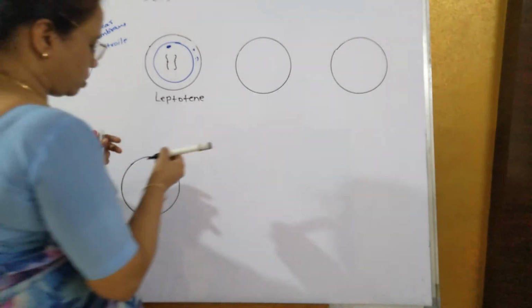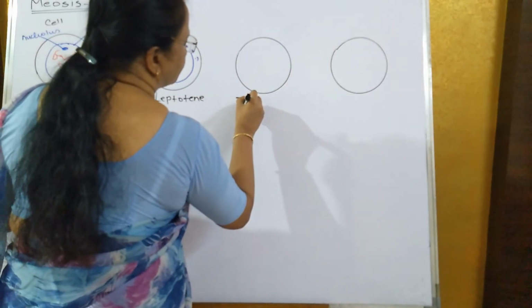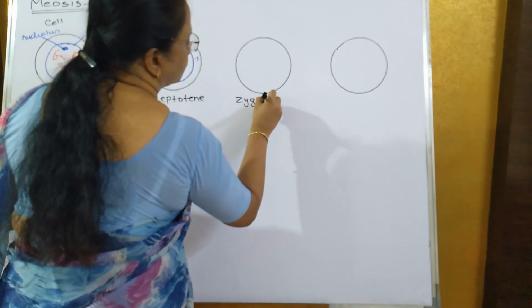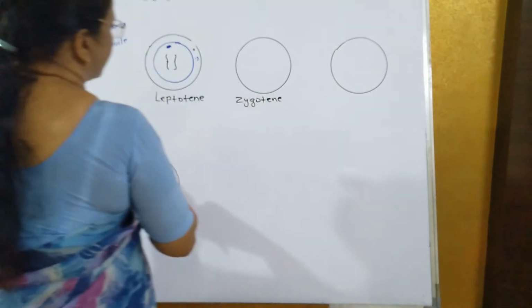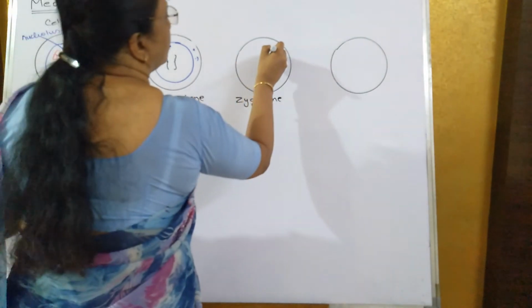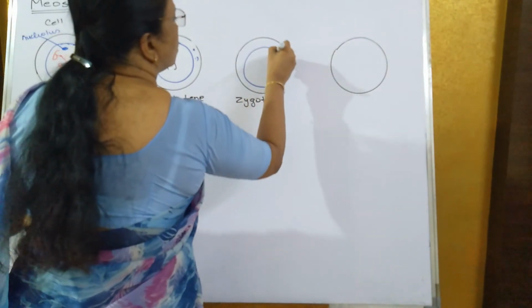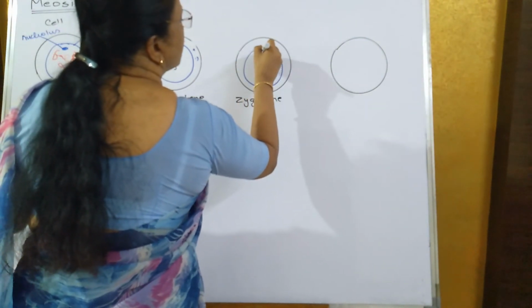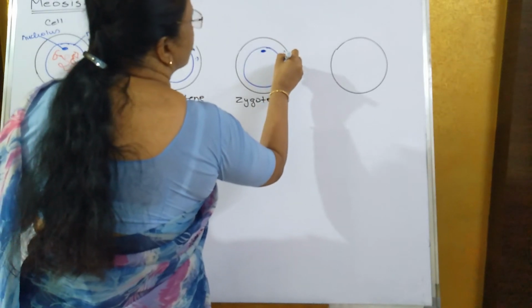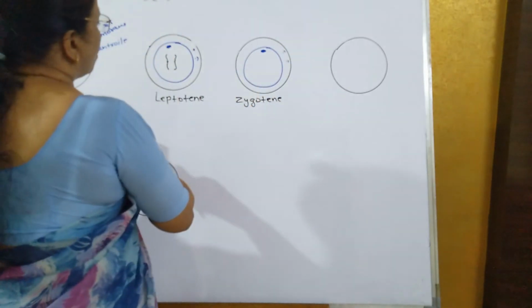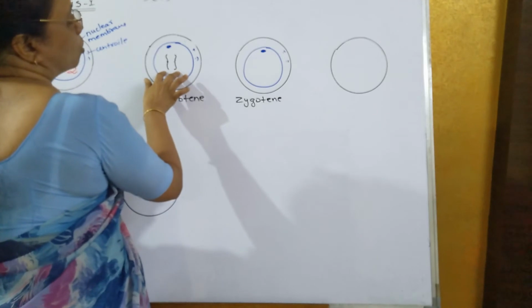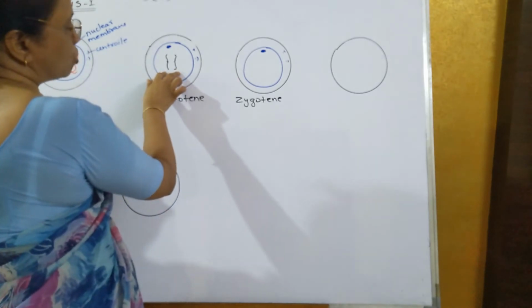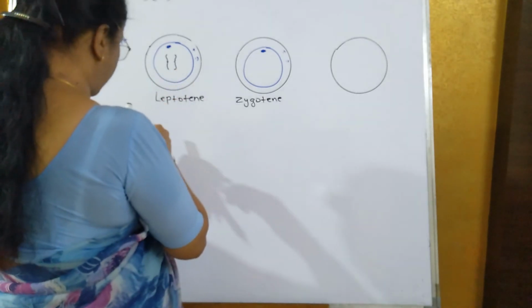Now the next stage is known as zygotene. In zygotene, the nucleus remains as it is with the nuclear membrane, with the nucleolus inside it. The centrioles are also there as it is. Now the chromosomes try to arrange themselves side by side.